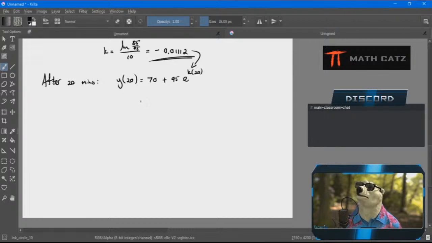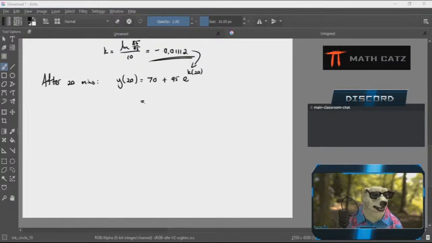So now I want to calculate that, and when I have a future calculation, I don't want to use the rounded number. Use as many digits as you can, or use the original log over 10 version. Let's see what it is exactly. 70 plus 95 times e to the stuff, 20 times the log.